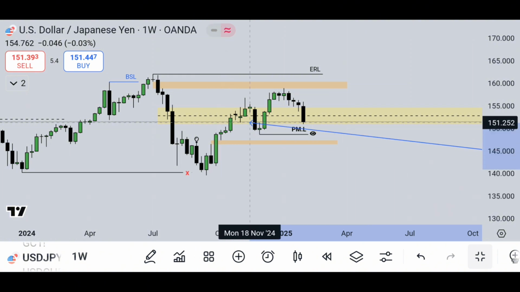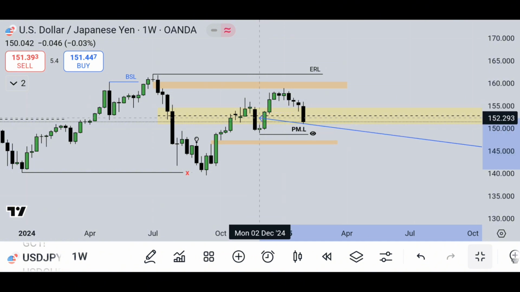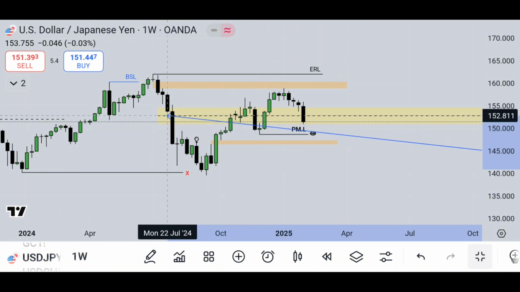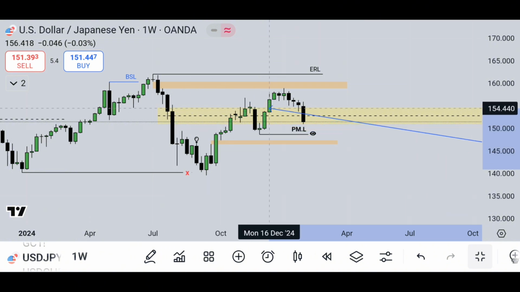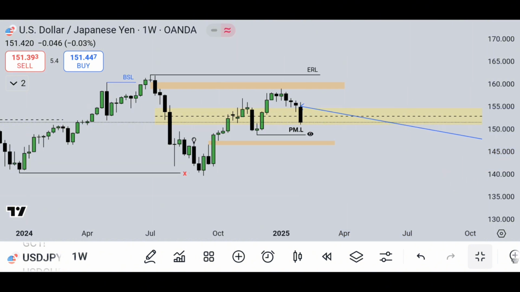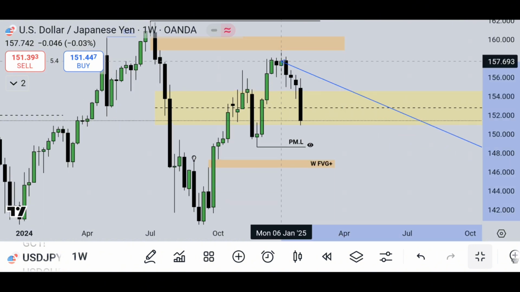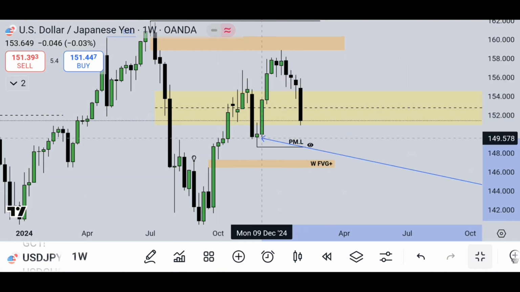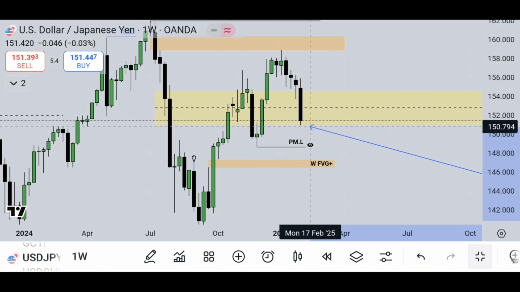So it brought that displacement, then it failed here. If it was to sell, it could have sold from here because this was a premium array, right? So then it violated it. Then we're right here, making a retracement after the violation. Remember, in every violation we must wait for a retracement, right?